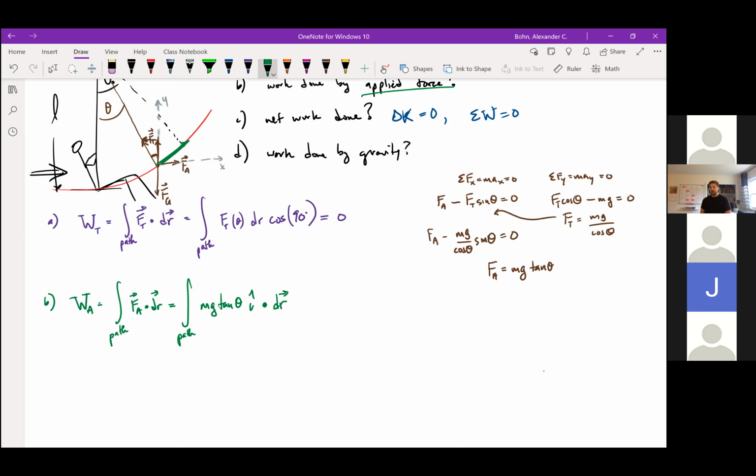Its x and y components are specified according to its magnitude dr, and its orientation.